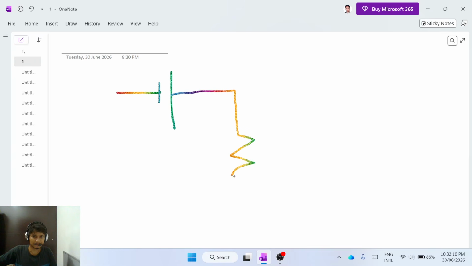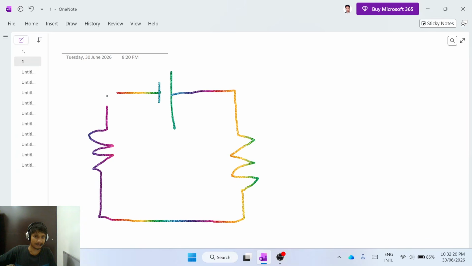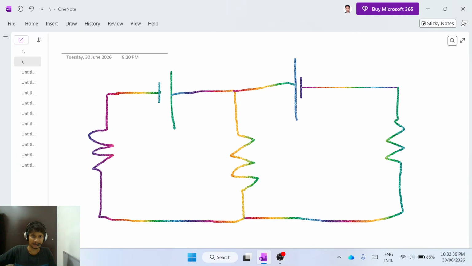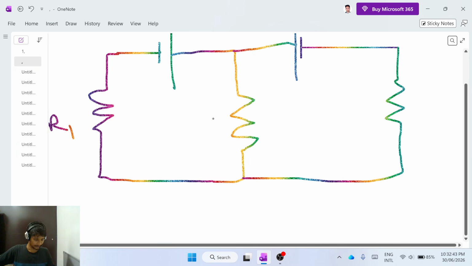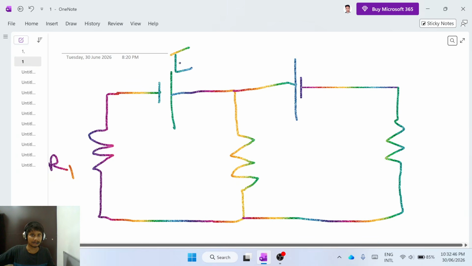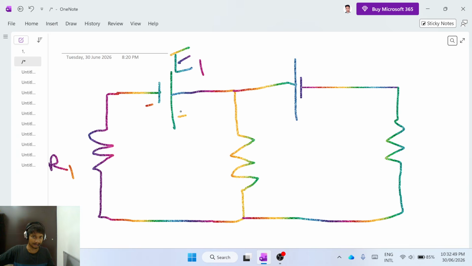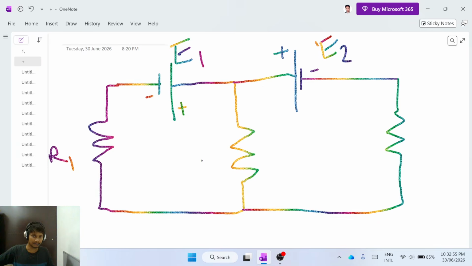In the exam, please draw very neatly. They have R1, and E1, this is minus, this is plus, and plus minus this E2, then R1.